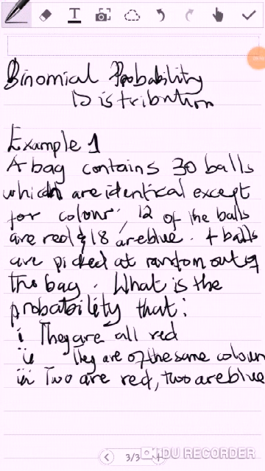Twelve of the balls are red, 18 are blue. 4 are picked at random out of the bag. What is the probability that (i) they are all red, (ii) they are of the same color, (iii) 2 are red, 2 are blue. So we will solve it together.